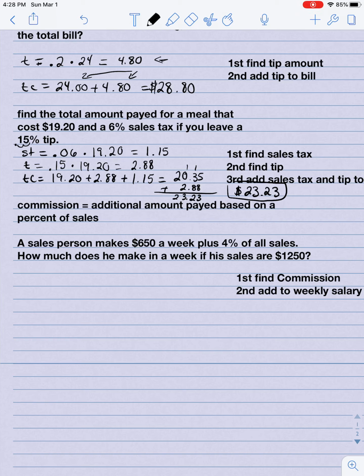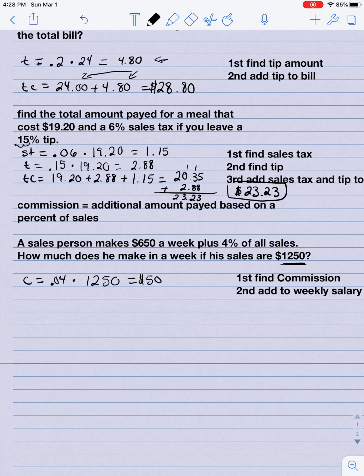So first step, we got to find the commission. So commission equals our percent times the amount of sales here. So 4% is 0.04. And then we're going to times that by $1,250. Okay, and when we do that, we find that our commission is $50, or he makes $50 in commission.